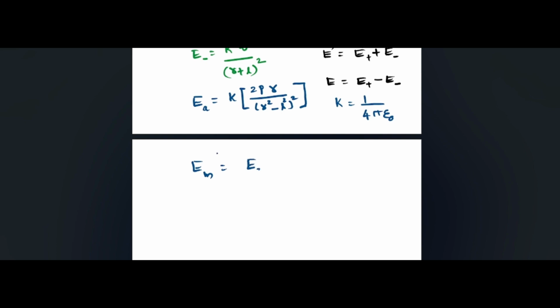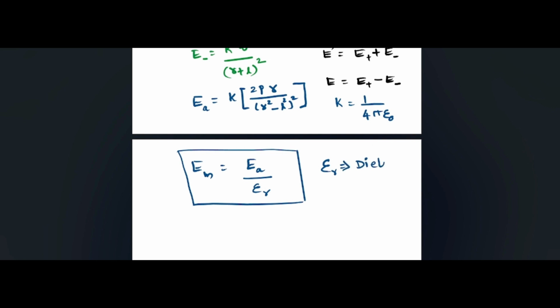So simply you divide by the dielectric constant or relative permittivity epsilon r, where epsilon r is the dielectric constant of the medium. Clear?